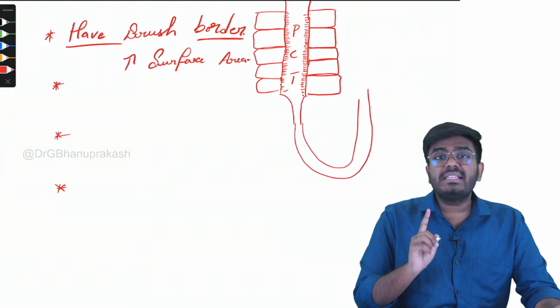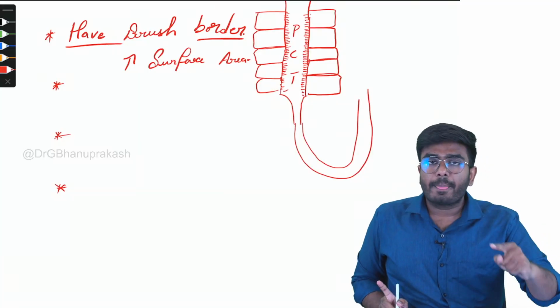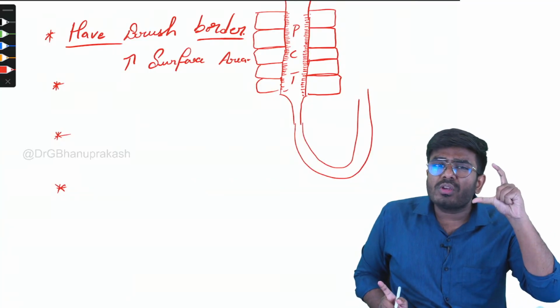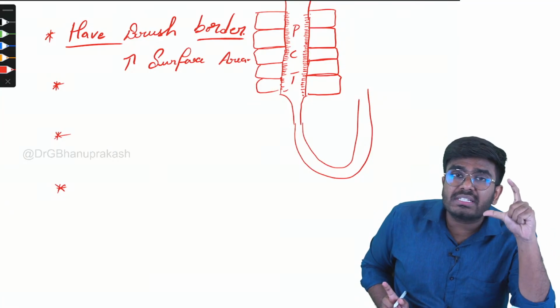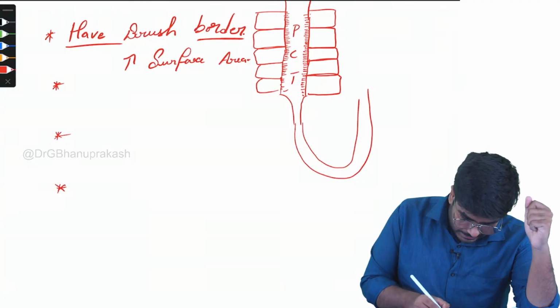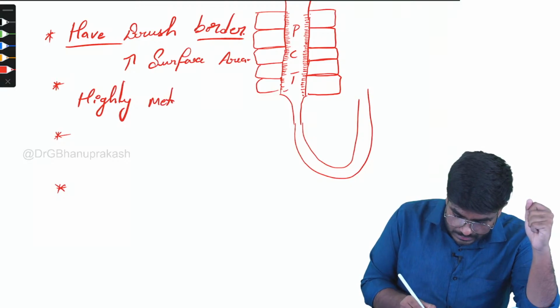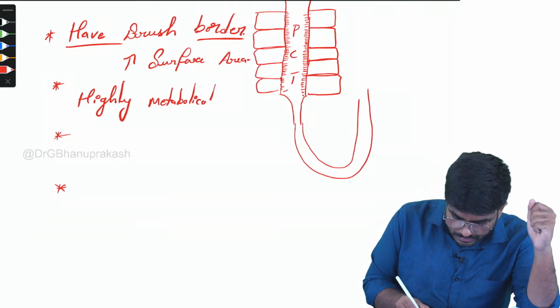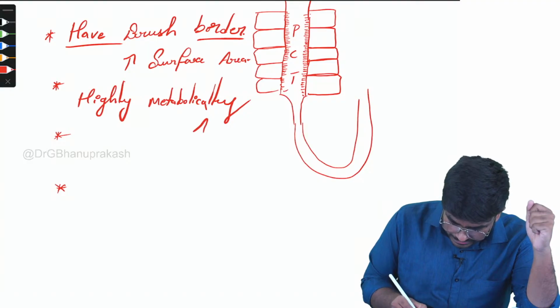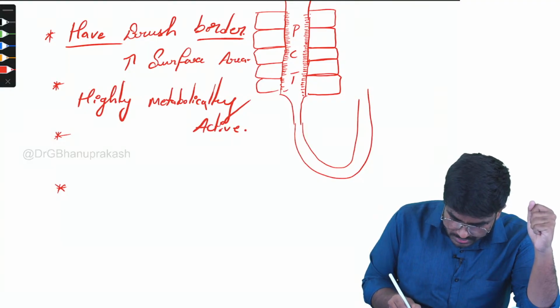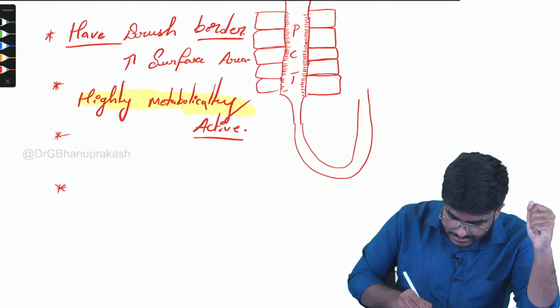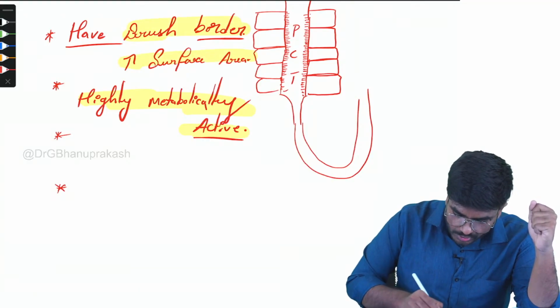Now, I have taught you that in the PCT most of the substances are reabsorbed. So what is the most active segment of the nephron? The most active segment of a nephron is the PCT. It is the most metabolically active segment in a nephron. It has a brush border, which we have already discussed.